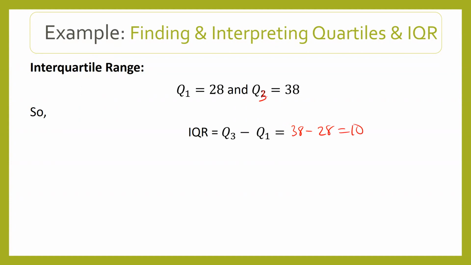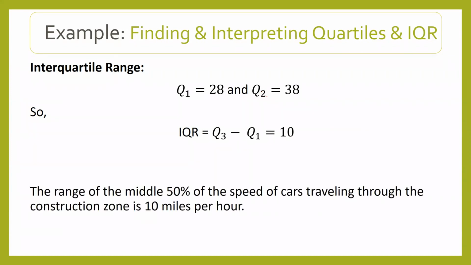Again, this is a typo. All right, so we have the interquartile range to be 10. And this interprets that the range of the middle 50% of the speeds of the cars traveling through the construction zone is 10 miles per hour. So if you take the middle 50%.